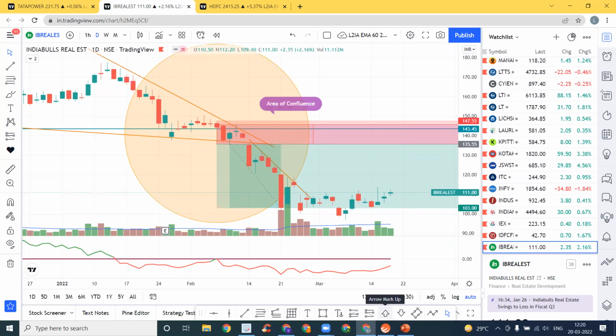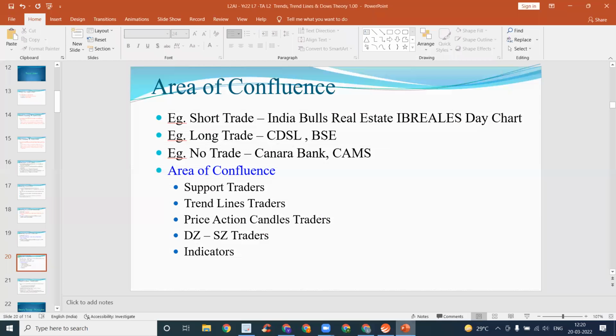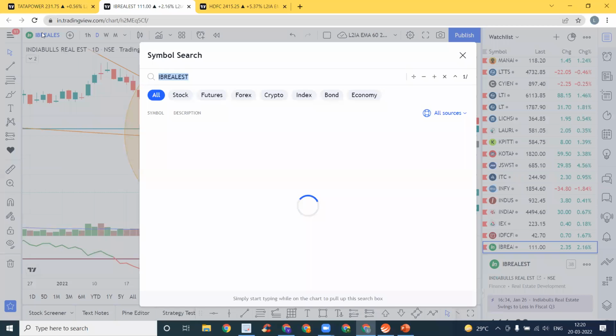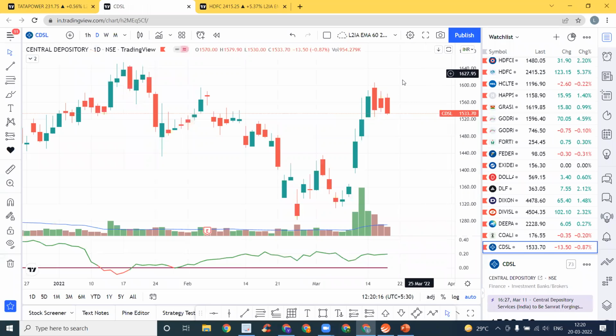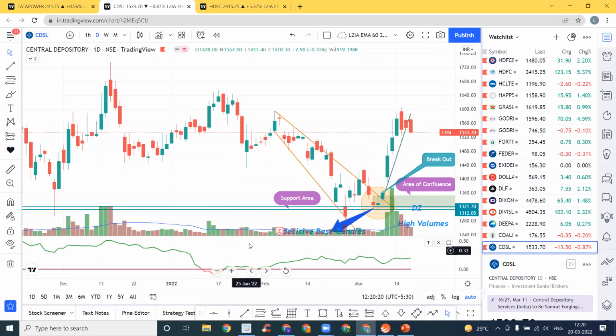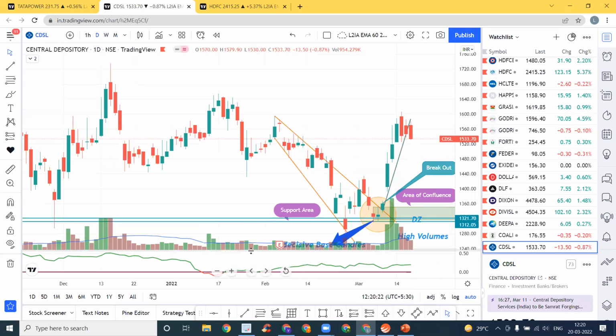Let us see a long trade example, CDSL. Long meaning buy. See the indicator also. It is telling me positive.